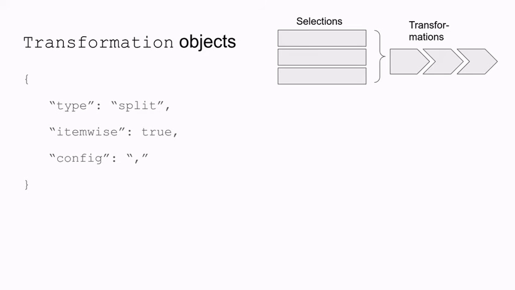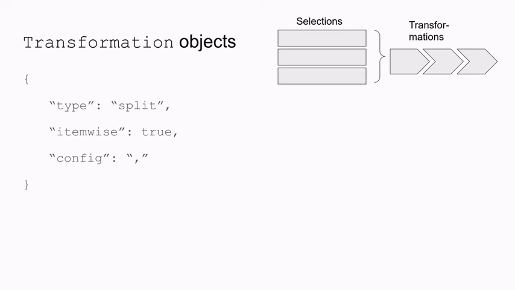And for the transformation objects, they're very similar to the selection objects. So you have a type. Remember that we currently support a limited set of transformation types. We mentioned some minutes ago the split transformation. We mentioned the date transformation. And these transformations have to be configured. So for example, for the split type, the configuration is what delimiter we will use to split the string into two substrings.